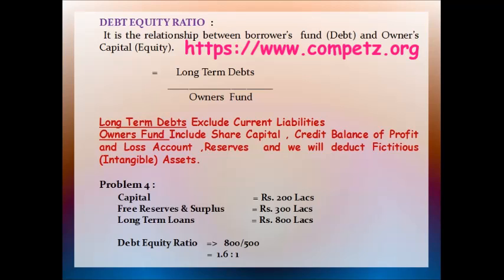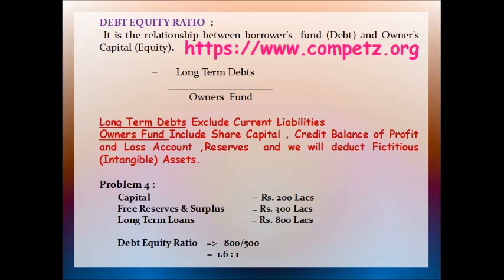So debt equity ratio is equal to long term debts or borrowed funds divided by the shareholders fund, the owners fund, equity. Let us see what we should write in the numerator as well as the denominator.